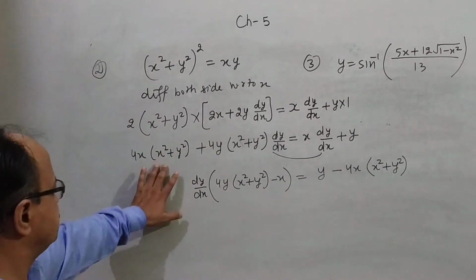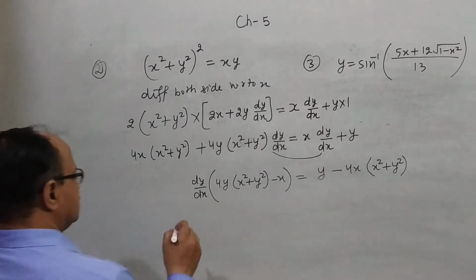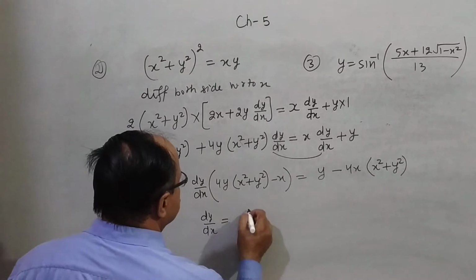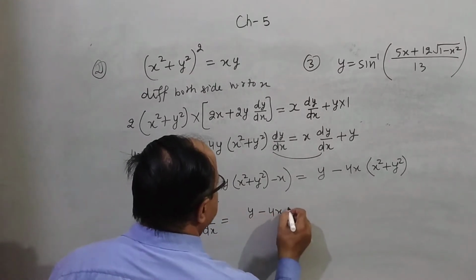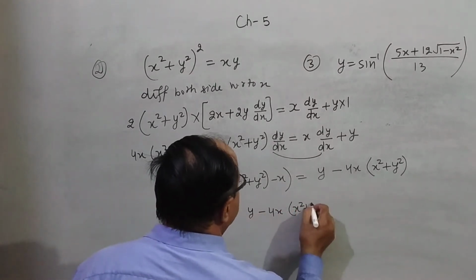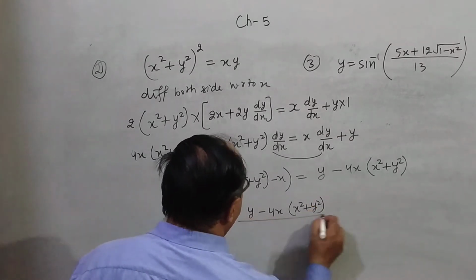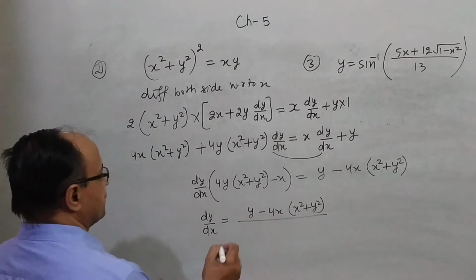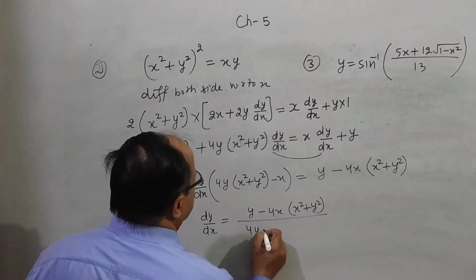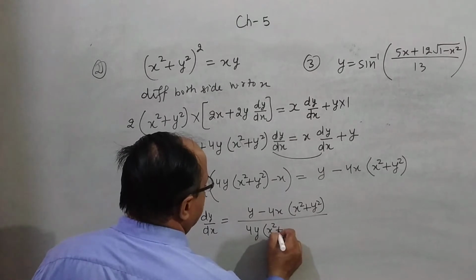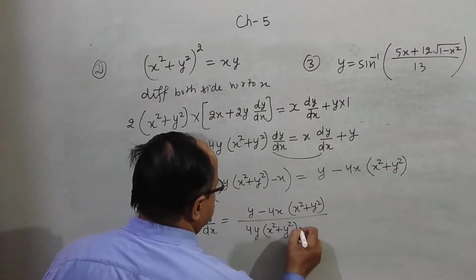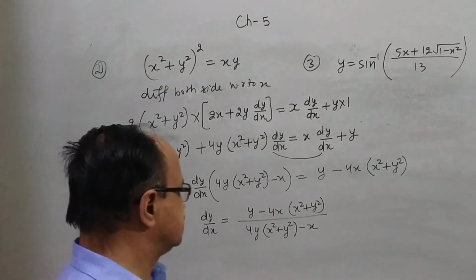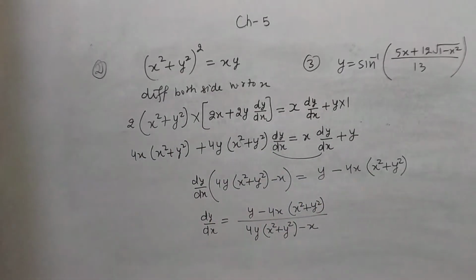So dy by dx is y minus 4x(x square plus y square) divided by 4y(x square plus y square) minus x. This is the solution of this question. Correct? Check now.